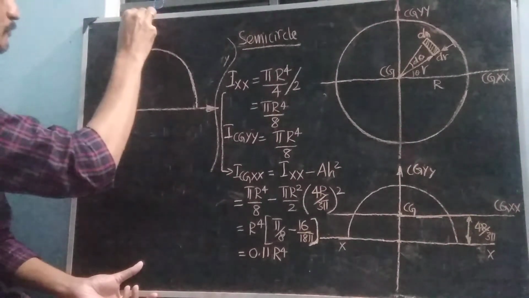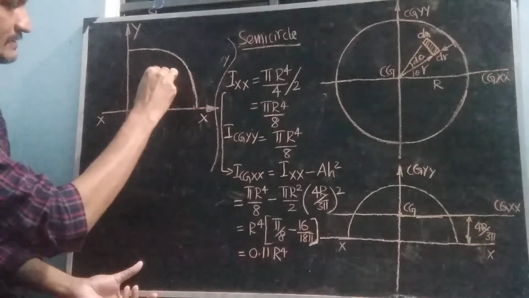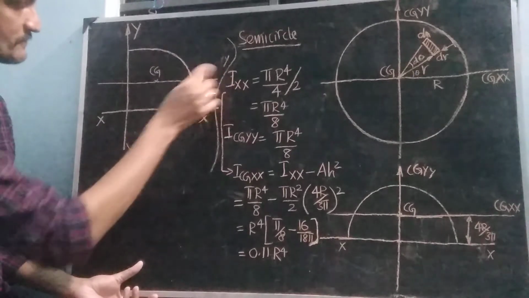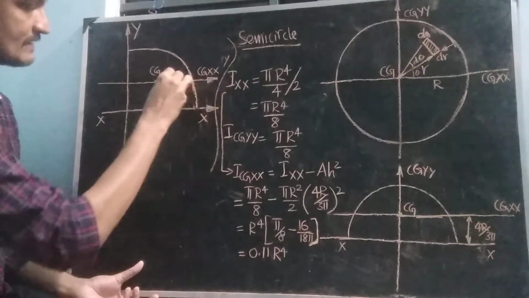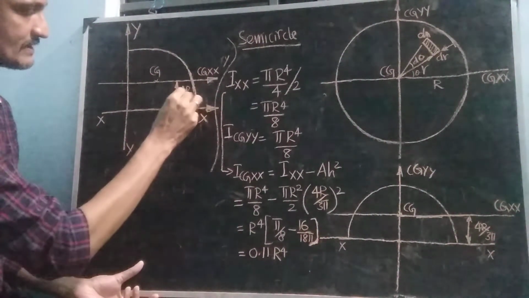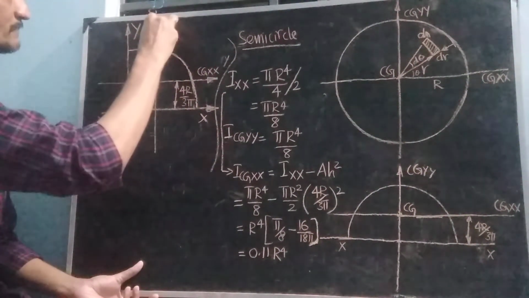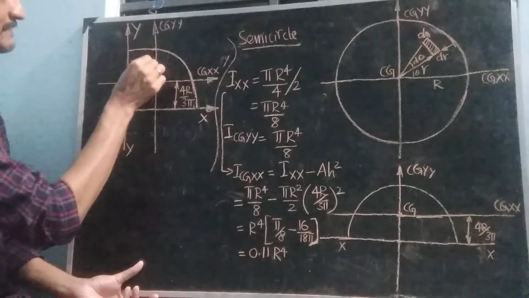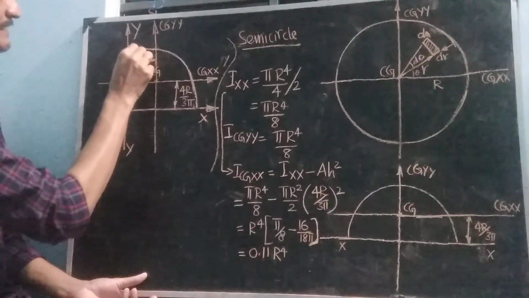Here this one is y and this one is x, and at this point CG, and this is the axis which is passing through centroid, CGXX, and this distance will become 4r by 3 pi. And the y axis which is passing through CG, that's CG-yy, and the distance between this y axis and this centroid y axis is once again 4r by 3 pi.